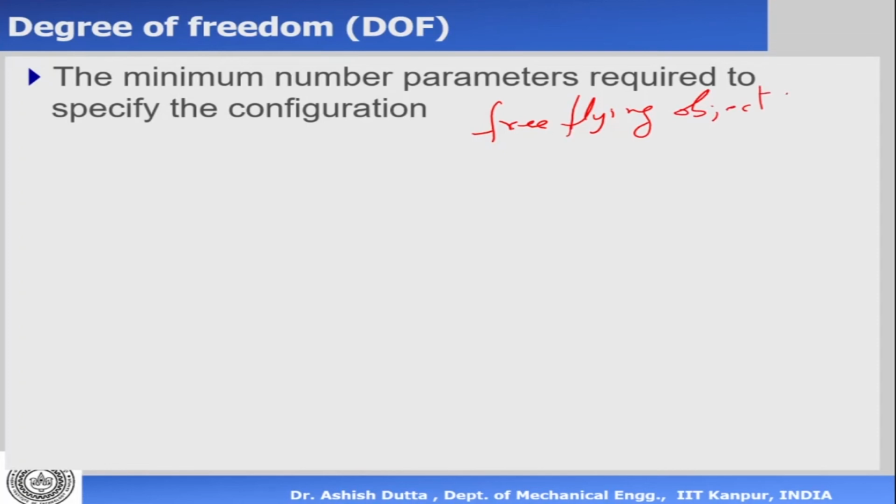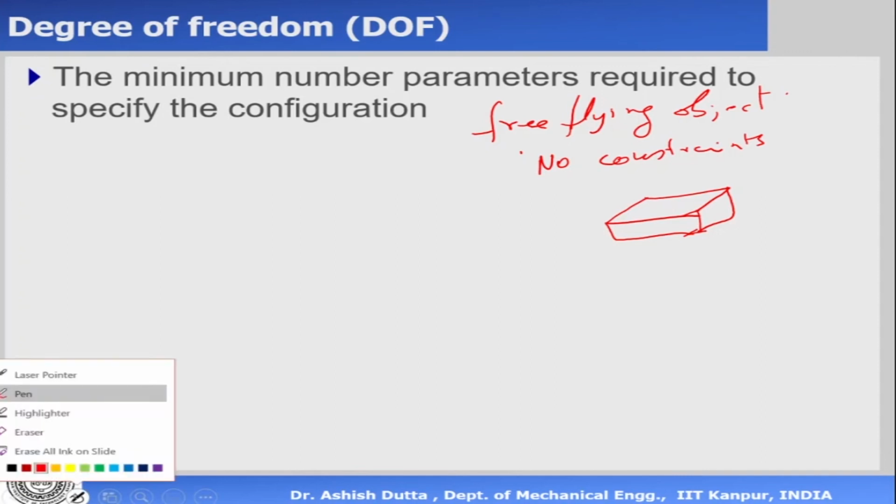It is not constrained, with no constraints. If you're having an object like this, let's say a cube or a cuboid which is freely floating in space, then how many parameters are required to specify the configuration of the system?